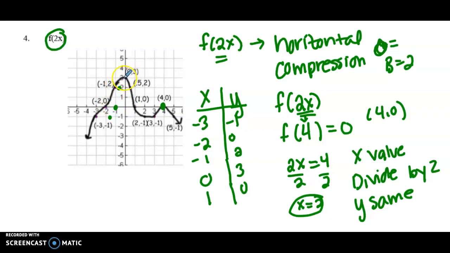Notice 0 divided by 2 is not going to change, so that stays the same. 0.5 divided by 2 is 0.25. -1 divided by 2 is 0.5. 2 divided by 2 is 1. 3 divided by 2 is 1.5. 4 divided by 2 is 2, and then 5 divided by 2 is 2.5.